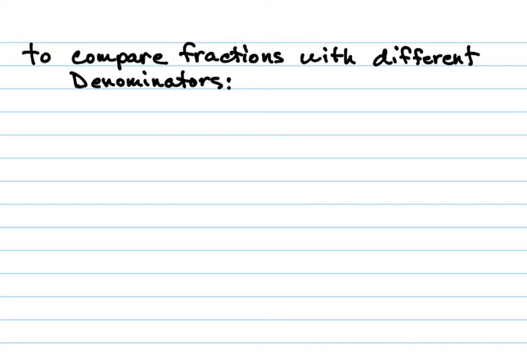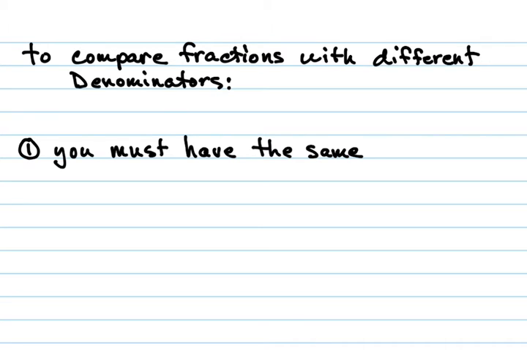Which part of a fraction tells you how many parts things are divided into? The denominator, right? The denominator names the kind of parts you have. So that's what we need to do. The first thing is you must have the same, and another word for same is common, denominator.